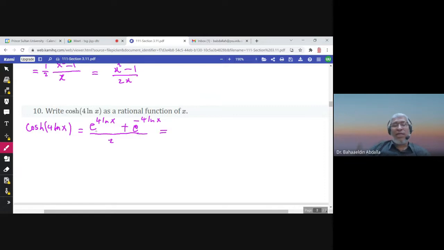I cannot cancel e with ln here because there is a 4, there is a coefficient. So I use the properties of ln to take the 4 up. Here also I will take the negative 4 up. And now I can cancel e with ln, and I will take half outside.